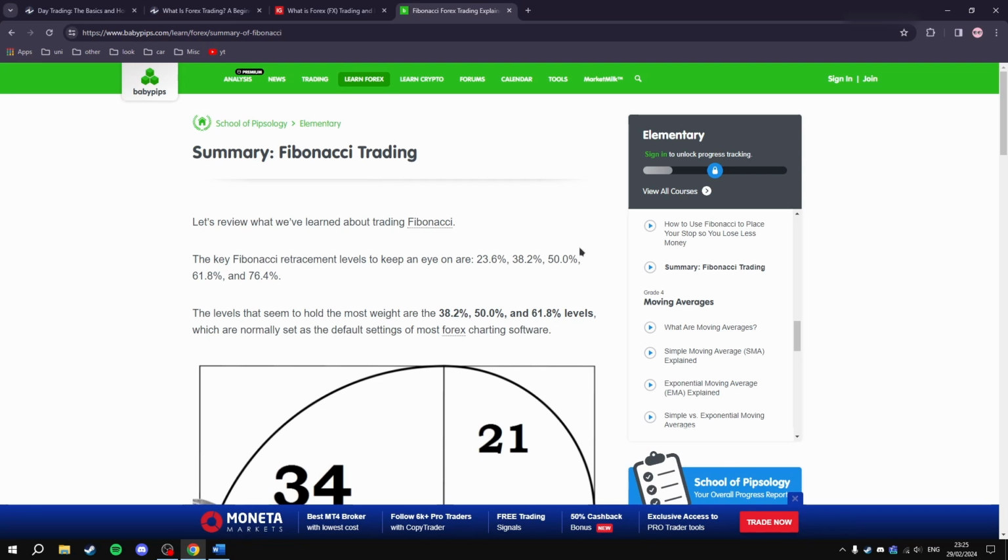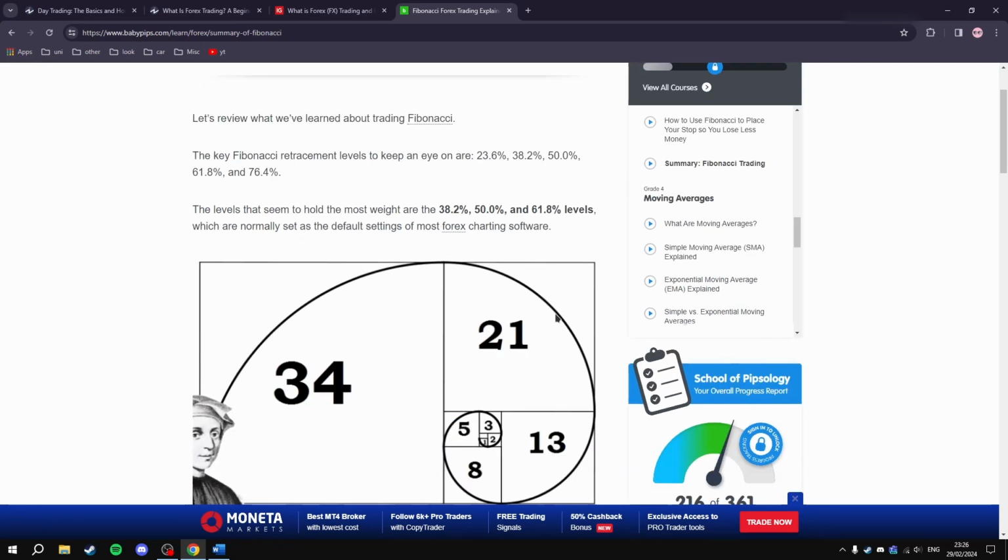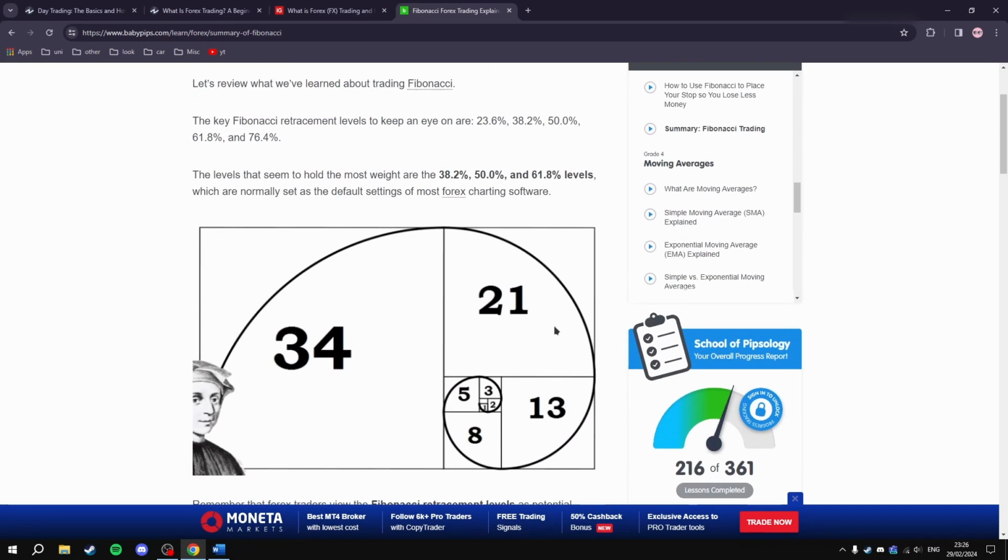The key Fibonacci retracement levels to keep an eye on are 23.6%, 38.2%, 50%, 61.8% and 76.4%. The levels that seem to hold the most weight are the 38.2%, 50% and 61.8% levels, which are normally set as the default settings of most Forex charting software.